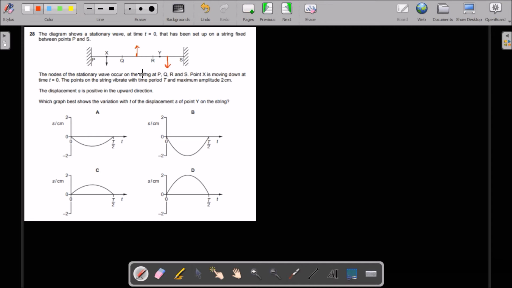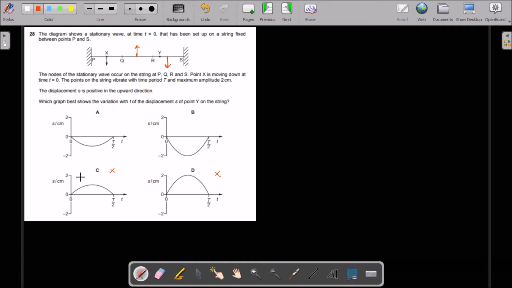Because of that, D and C will be wrong, because between R and S displacement should be negative.